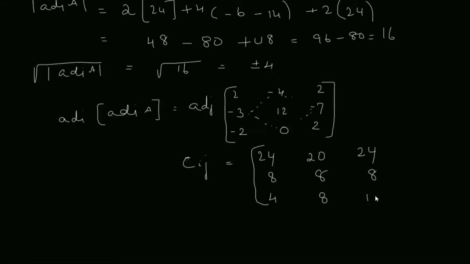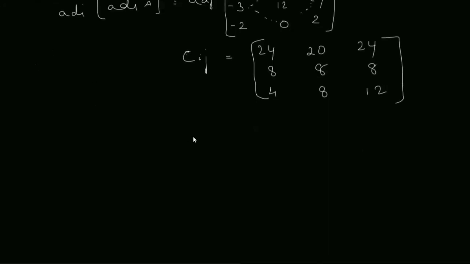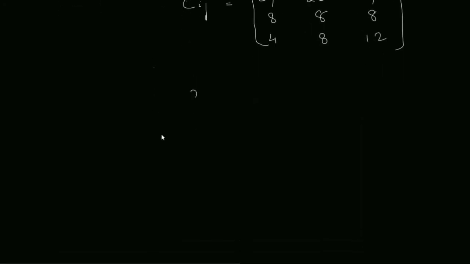And the next one is 12. How is it 12? 24 plus minus of plus 12, that becomes 12. That is the cofactor matrix. The adjoint of this matrix is the transpose of the cofactor matrix.